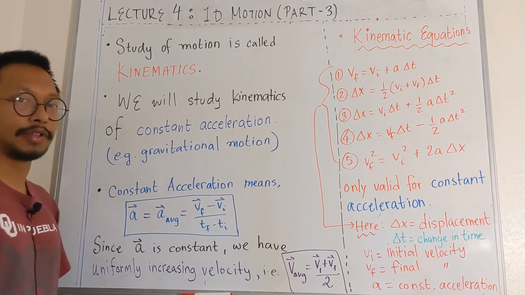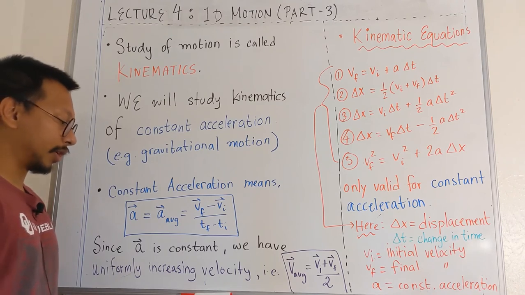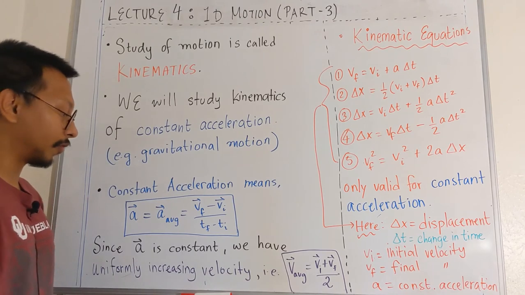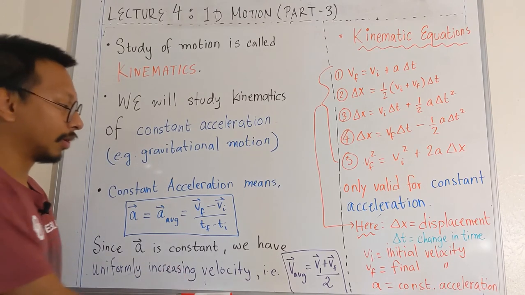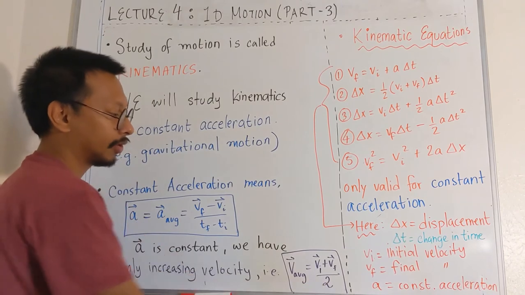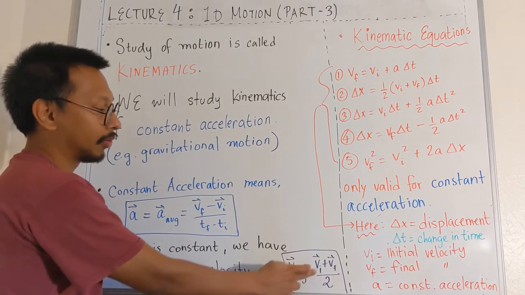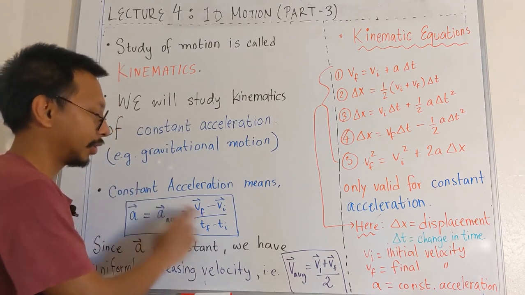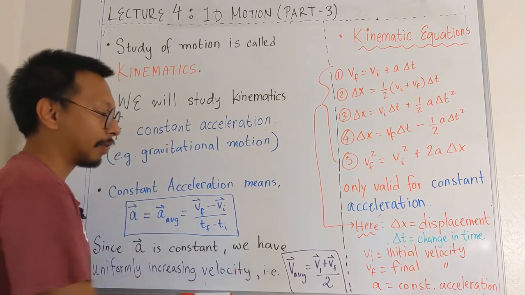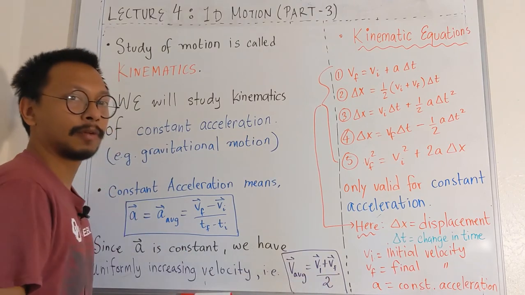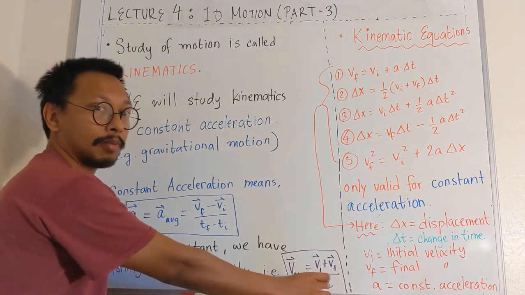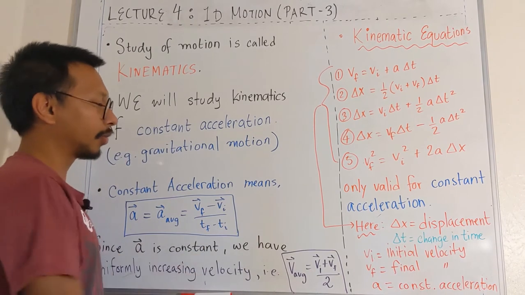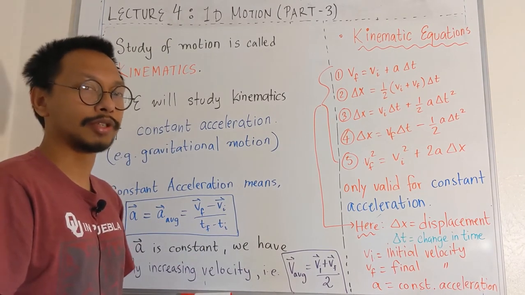So that makes life easier for us, and the uniformly changing velocity enables us to use the definition V average equals Vi plus Vf over 2. So when acceleration is constant, V average can be considered to be the basic arithmetic mean. Okay, just the average. From these two equations stem the kinematic equations of motion.